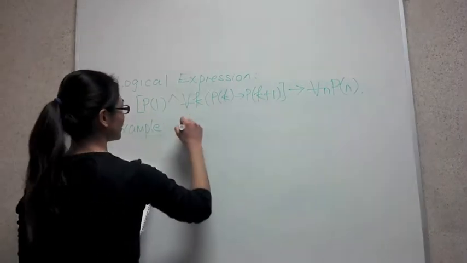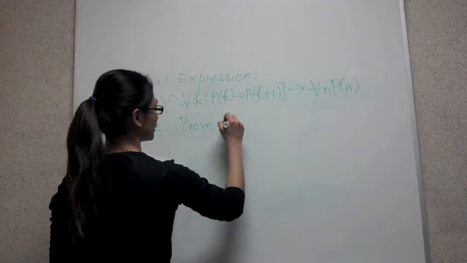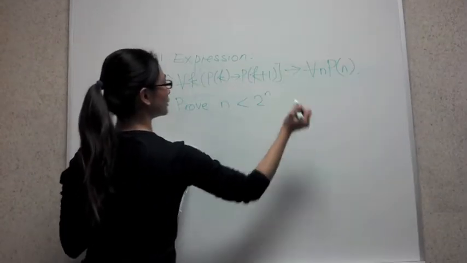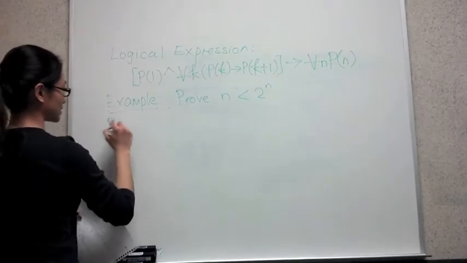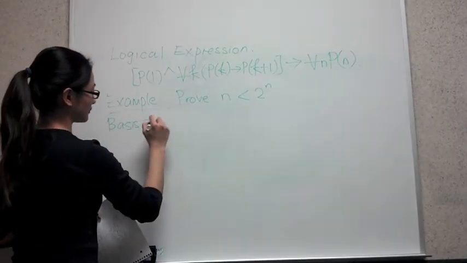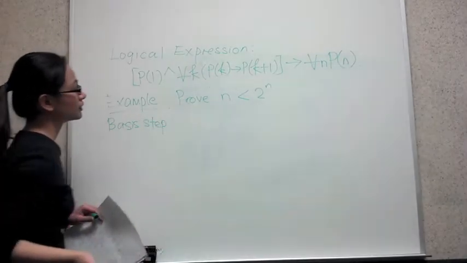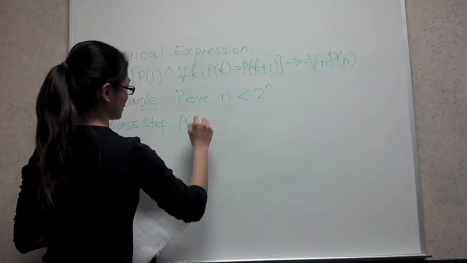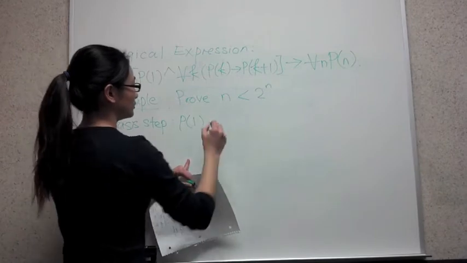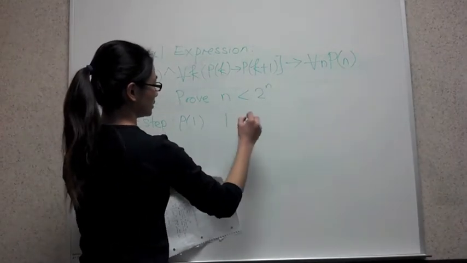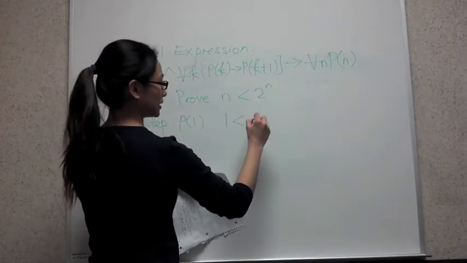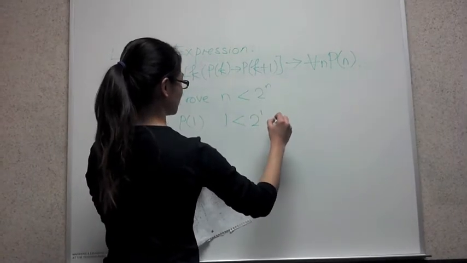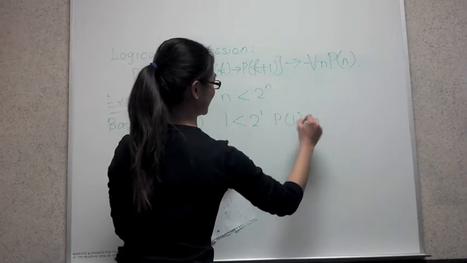We want to prove that n is less than 2 to the n. So we'll start with the basis step. We'll use P1 as our base case here, and see that 1 is less than 2 to the power of 1, so P1 is true.